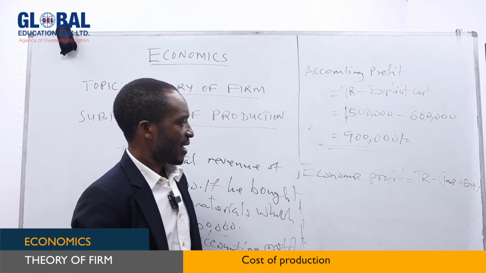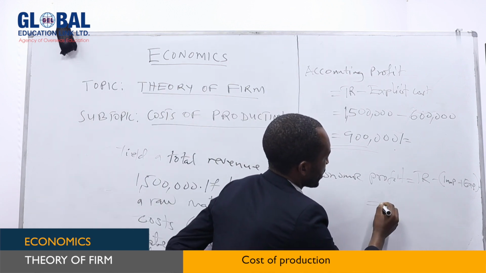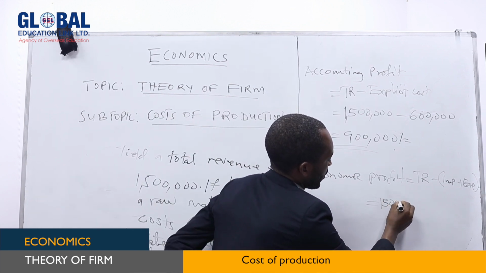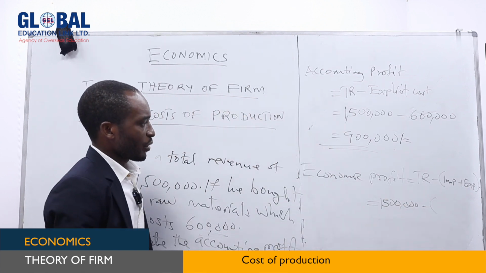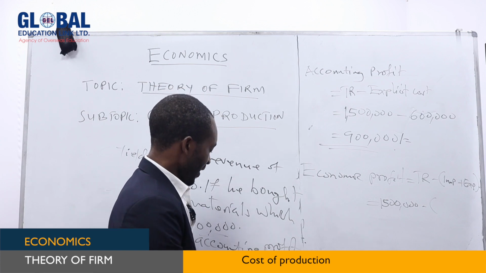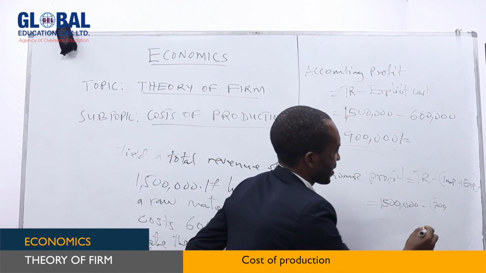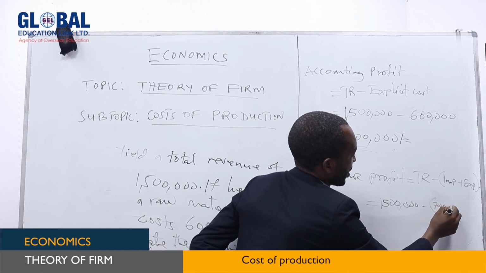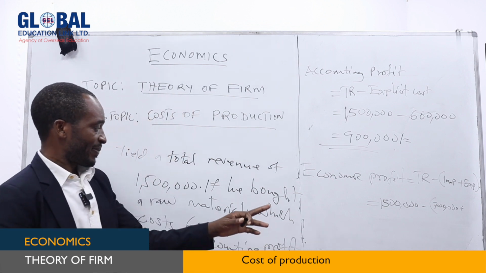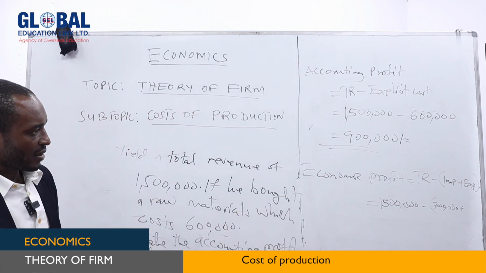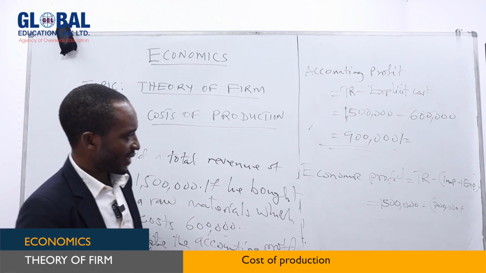Our total revenue is 1,500,000 minus the implicit cost we are given, which is 700,000, plus the explicit cost, which is 600,000.